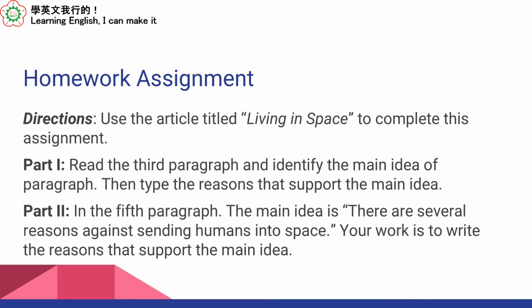The second part, you need to read the 5th paragraph. The main idea of this paragraph is there are separate reasons against sending humans into space. So I would like you to find the reasons in this article and then write down these reasons to support the main idea as your homework.